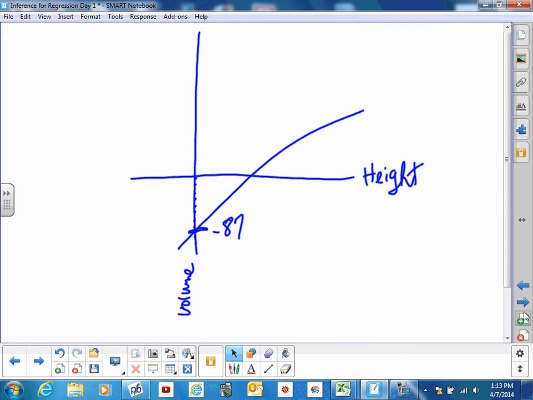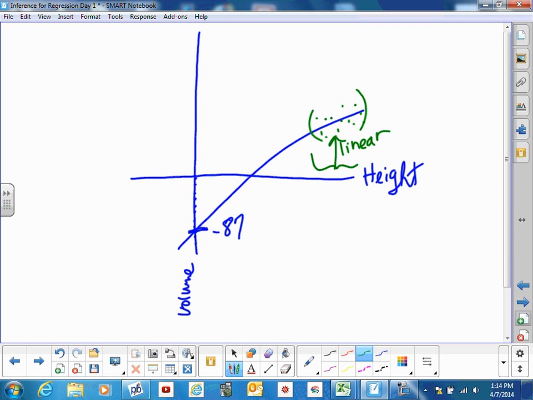Why do you think that happens? It's not perfect. Aha! Because the data that we have might be linear right here. Maybe the information is appropriate to be linear right here in this area. But does that tell me what's happening outside of that area?